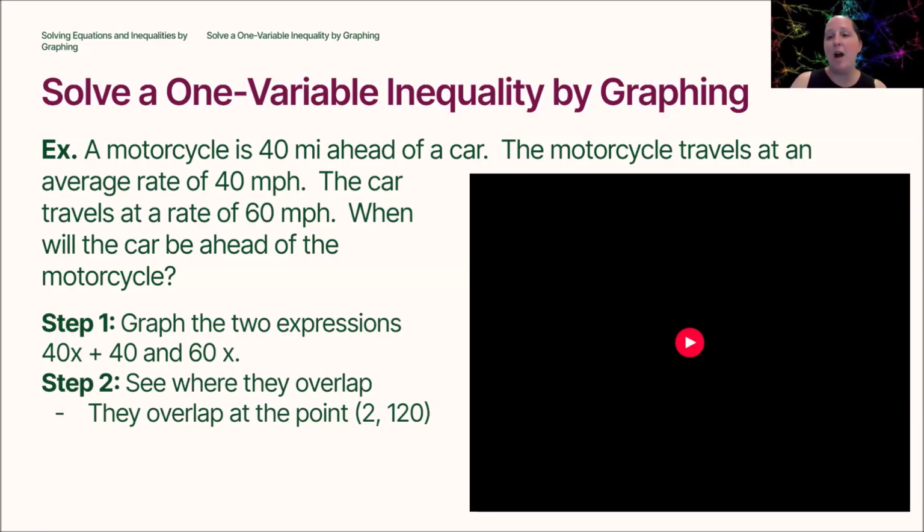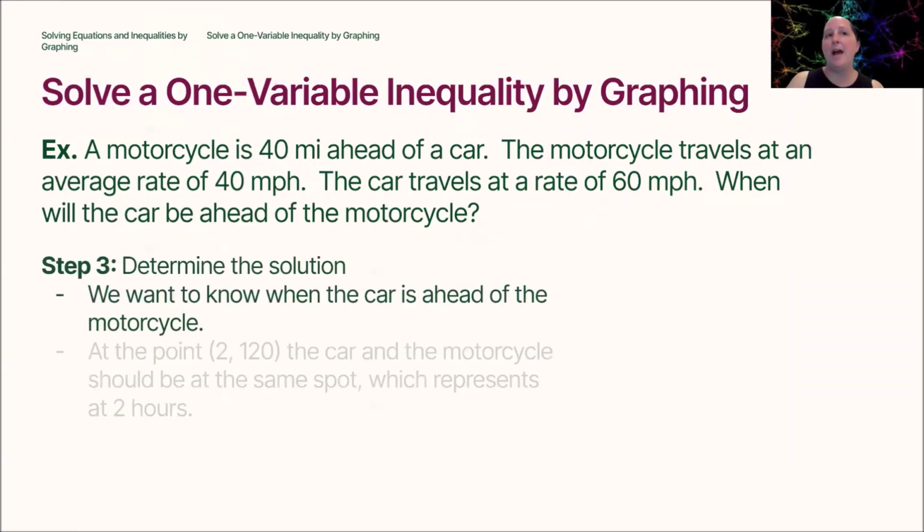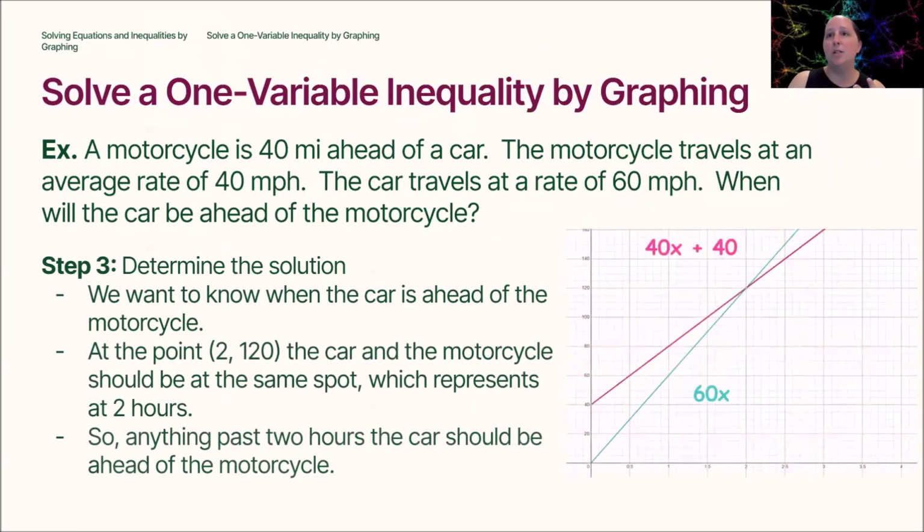So that means at 2 hours, both the motorcycle and the car will be at 120 miles. At that point, the car and the motorcycle are at the same spot. So anything past 2 hours, the car should be ahead of the motorcycle.